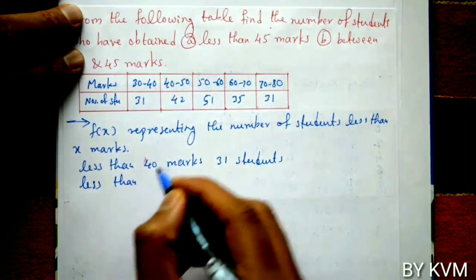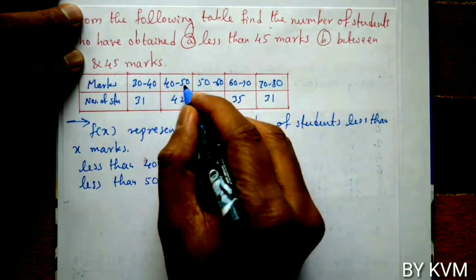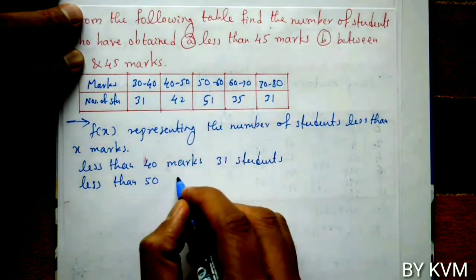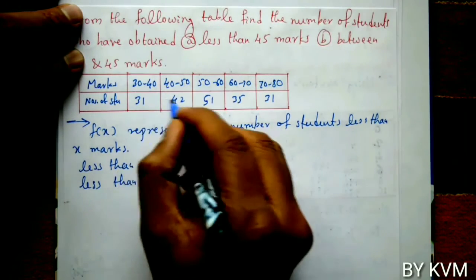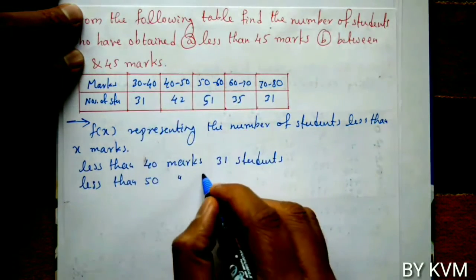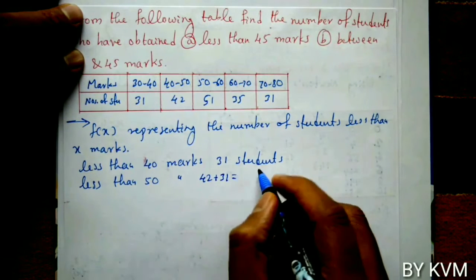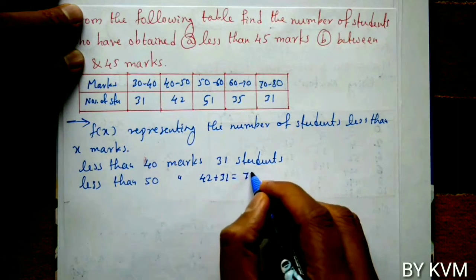Then students who scored in between 40 and 50 is 42, but take the students who have scored less than 50 marks. So students who have scored less than 50 marks, you have to consider the students who have scored in between 30 and 40 also.